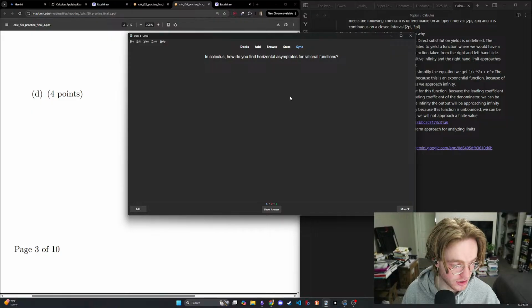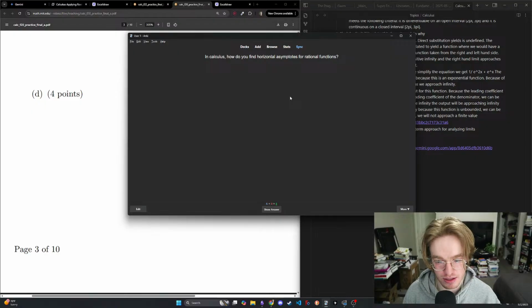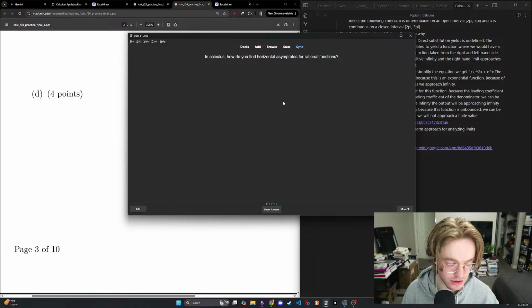If the degree of the denominator is larger than the numerator, then you know that the asymptote is 0, and if they're equal, then the asymptote is the ratio between the leading coefficient of the numerator and the denominator.